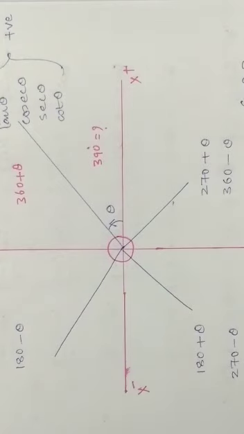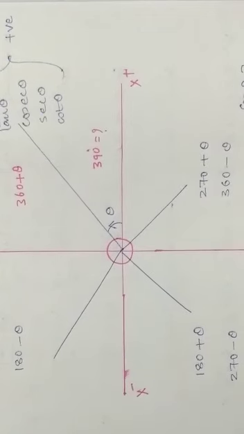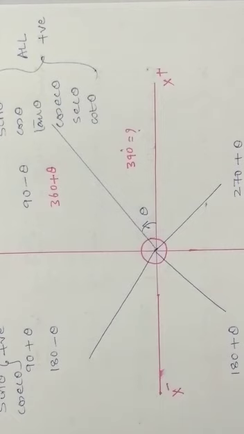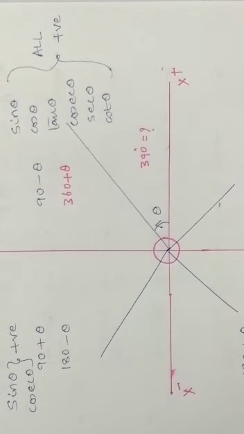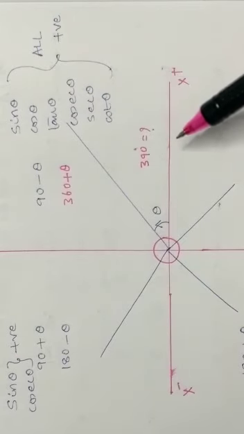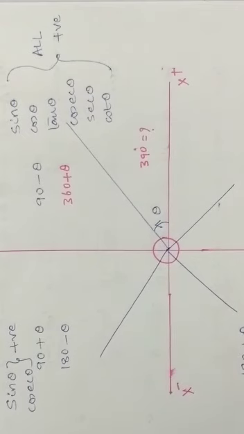So in each and every quadrant we try to discuss the signs, means the plus or minus symbols, of the trigonometric ratios. With this we complete this video.